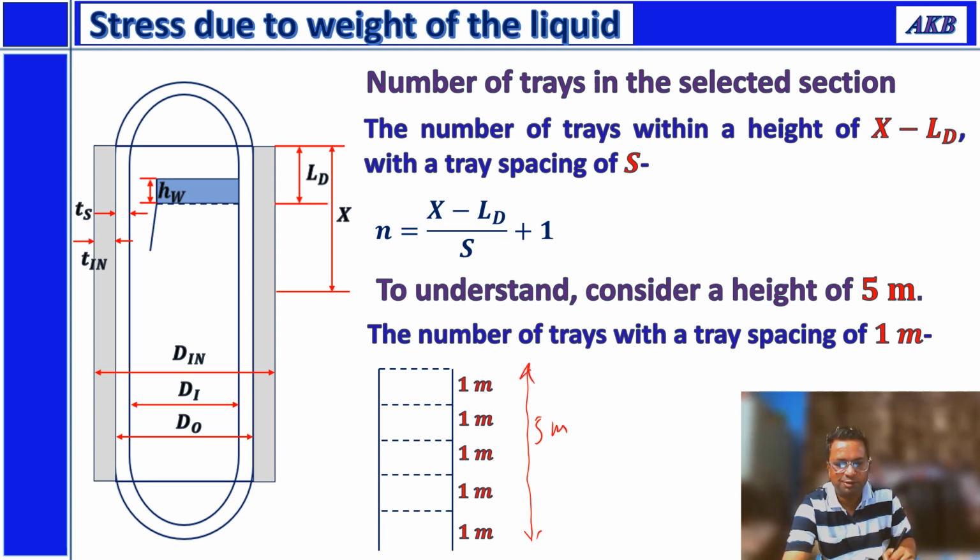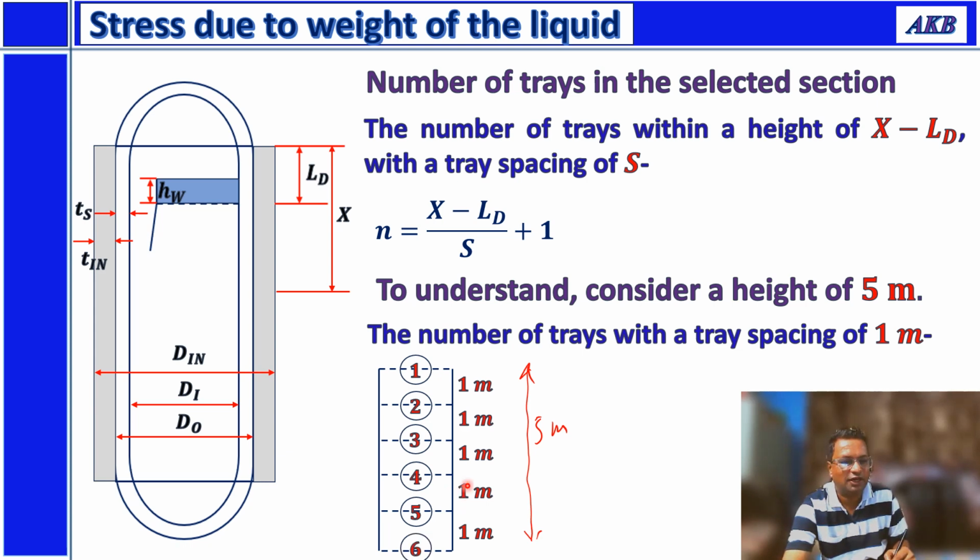We have used a tray spacing of 1 meter. Now let us count the number of trays that will be involved in this. So this is tray number 1, tray number 2, tray number 3, tray number 4, tray number 5, and tray number 6.